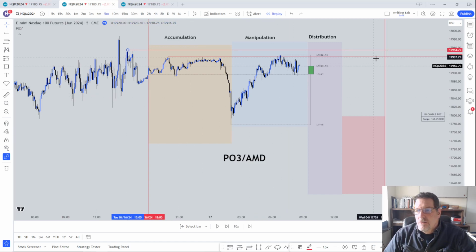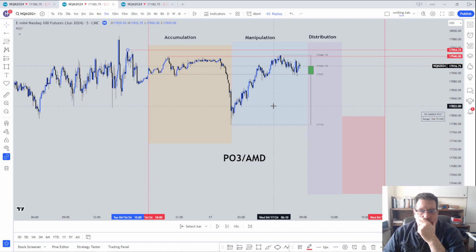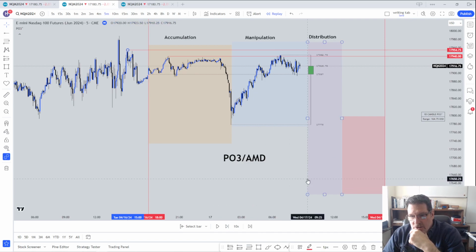So these are all liquidity. And remember, that's our most important PD array. High and low, old highs, old lows, liquidity levels. So as this goes through the day, I come into the chart and I know that around 9:30, the market's going to open. So we'll put a line right there.